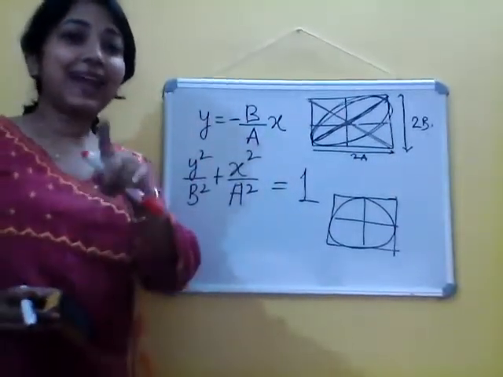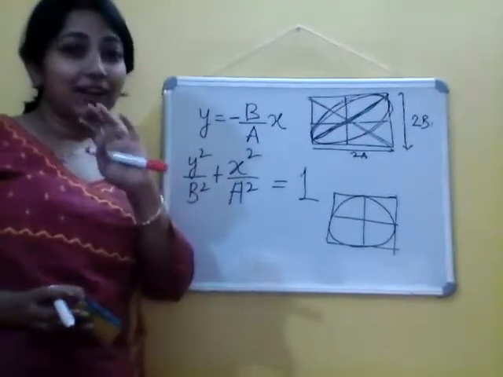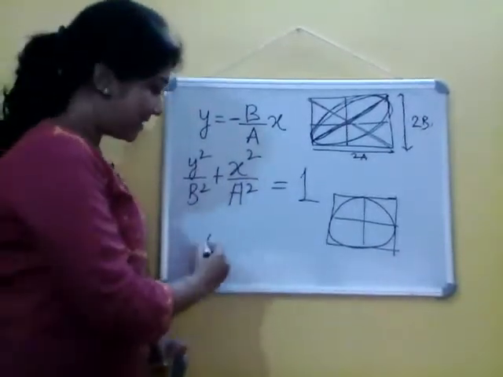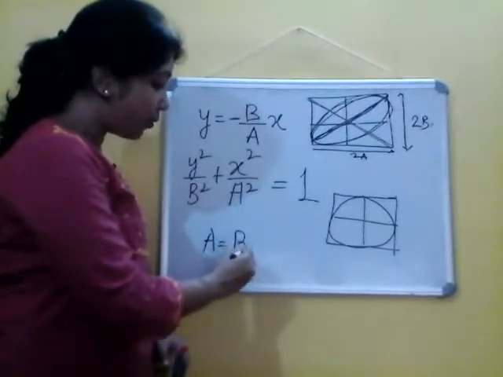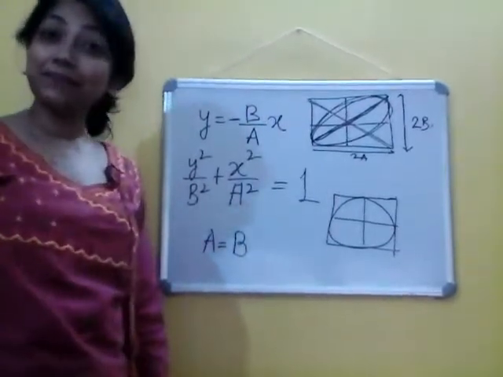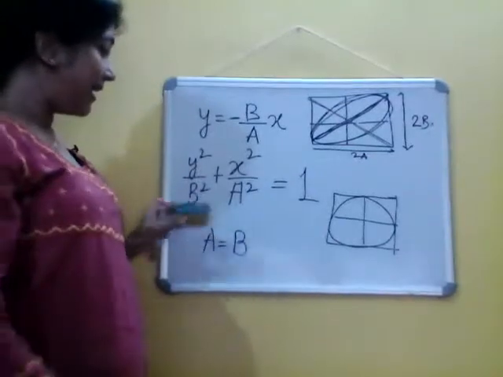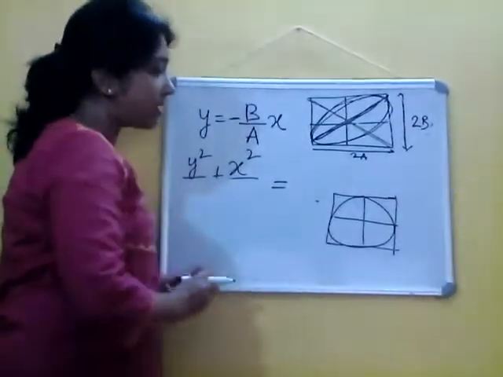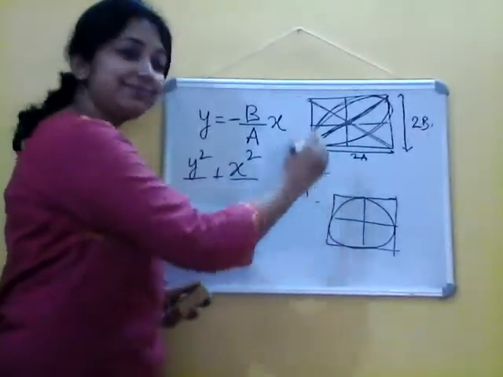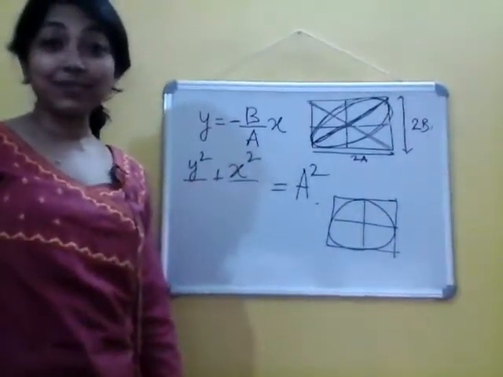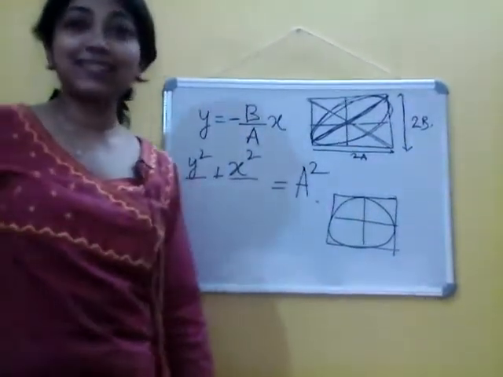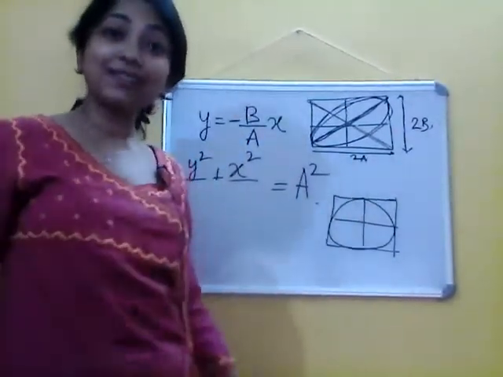And finally, I want to bring you to the condition of what will happen if A and B are the same. That is, if the amplitudes of both of these are the same, A is equal to B, what will I get? Can I not then write that x square plus y square is equal to A square? And what is this equation? x square plus y square is equal to A square is the equation of a circle.